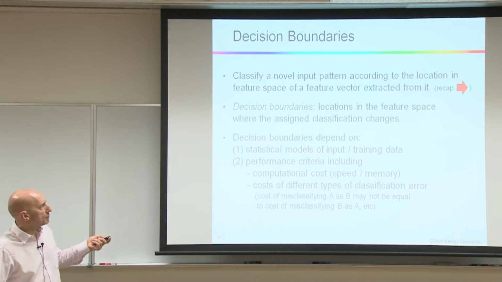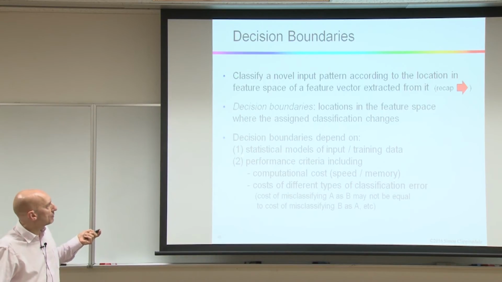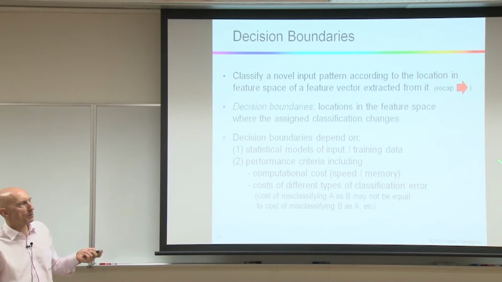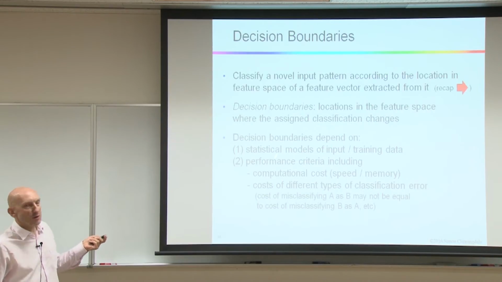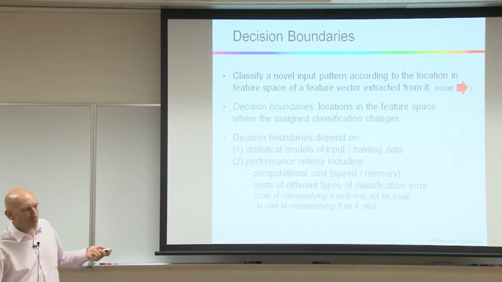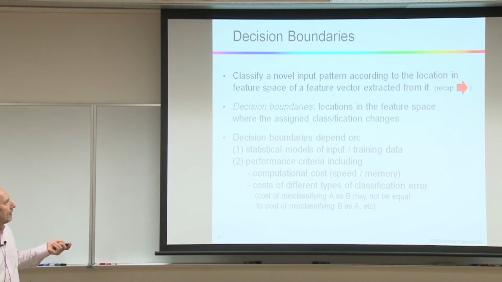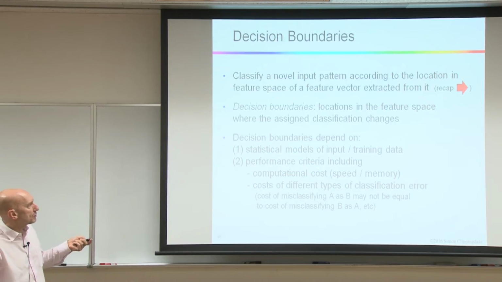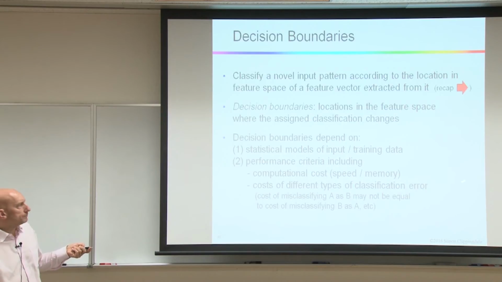So decision boundaries depend on several things. They depend on the statistical models of the input and the training data, and hopefully the training data resembles the input data statistically, or it's not very good training data. Also it depends on performance criteria such as computational cost and the costs of getting it wrong.